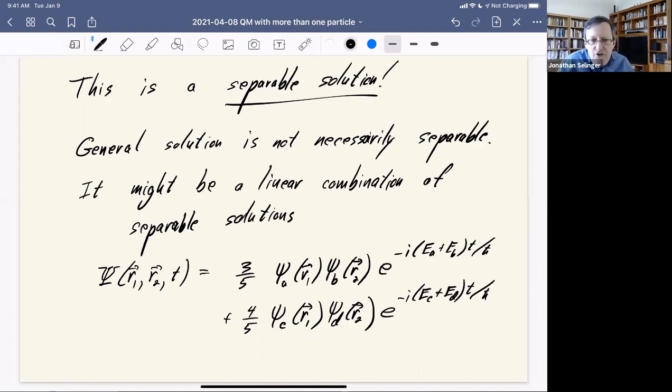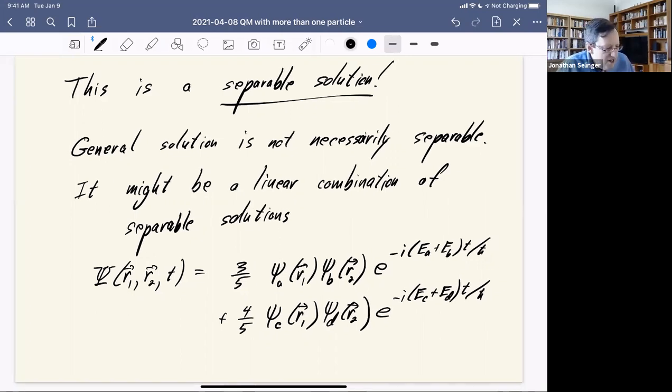This solution does not have the property that it's some function of R1 times some function of R2. It's a combination of things that have that property, but by itself, it does not have that property. This absolutely can happen, right? And so this is actually an important concept in quantum mechanics.